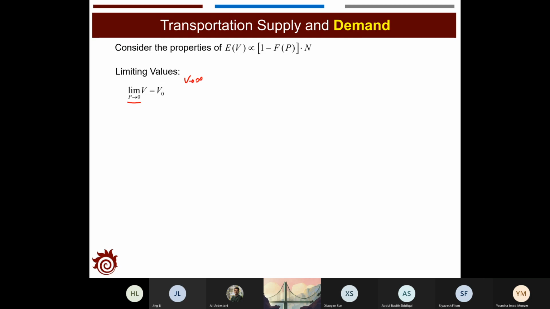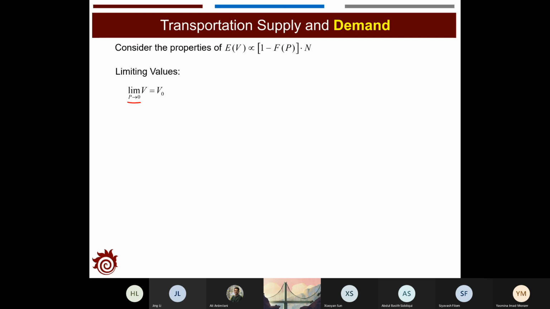It's impossible. We always have some limitations about how many trips can be taken at the destination. So we have a limited number of trips when the cost is minimized to 0. This would be the extreme case.